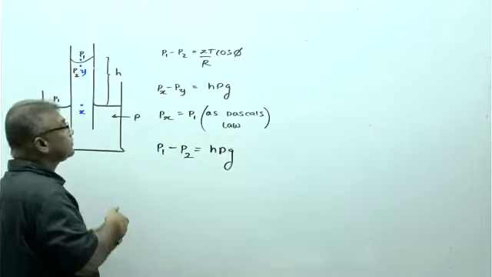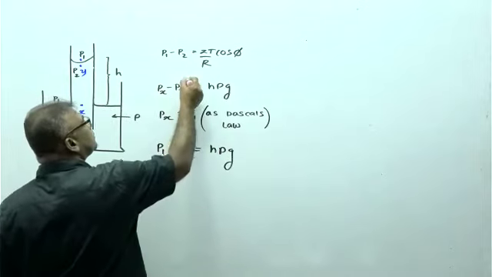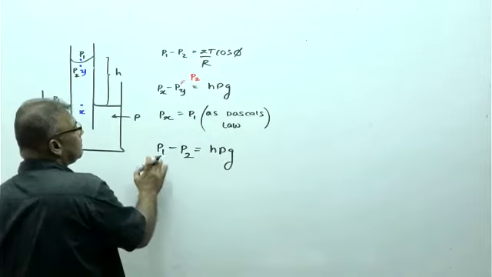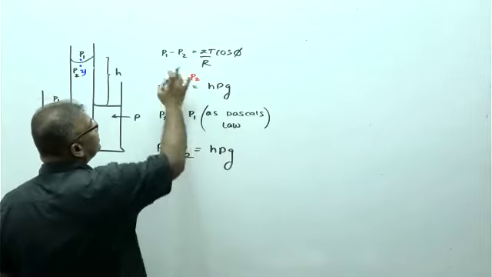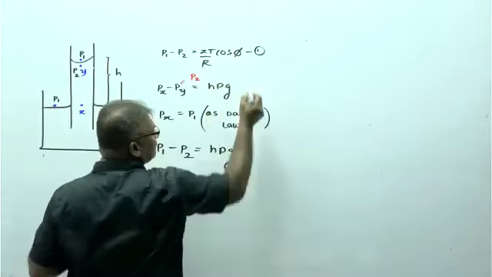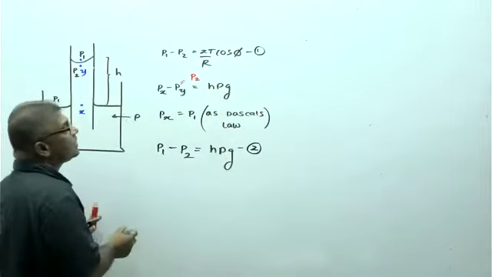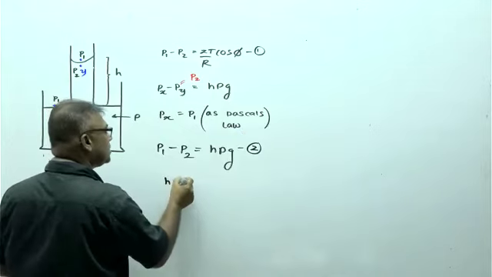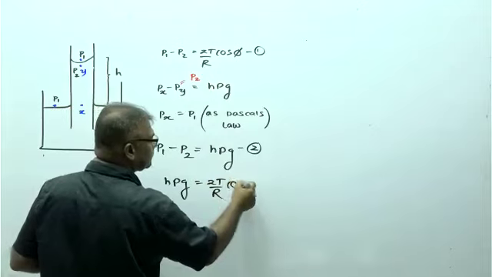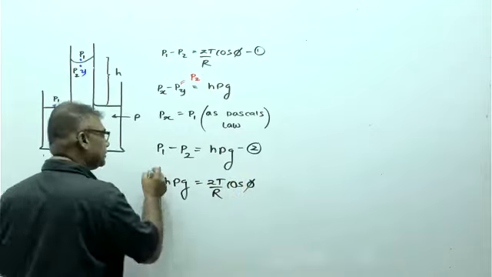Now we have P1 minus P2 equals h rho g, and P1 minus P2 equals 2T over R cosine psi. Then we have h rho g equals 2T over R cosine psi. Clear with it?